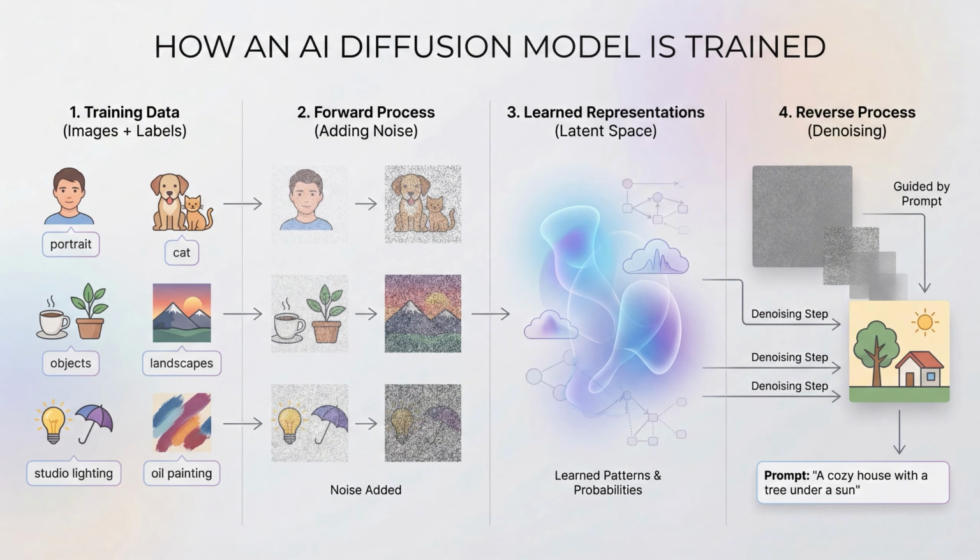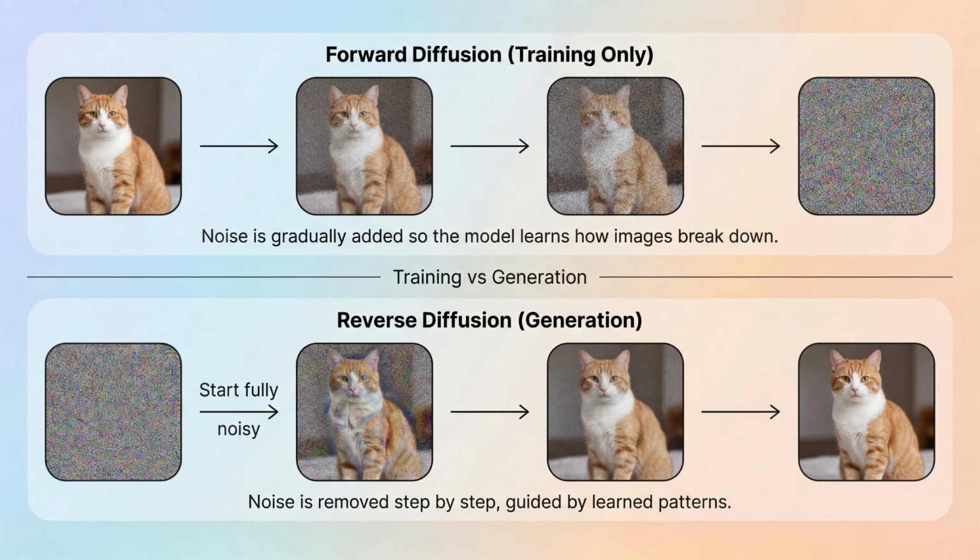Now that the model has learned how noise works during training, we can use that knowledge in reverse to generate images. This slide shows the difference between training and image generation. During training, the model starts with a clean image. Noise is added step by step until the image becomes pure noise. This is called forward diffusion.